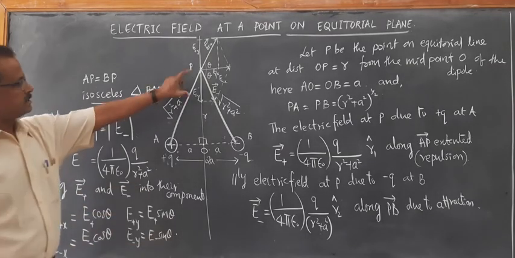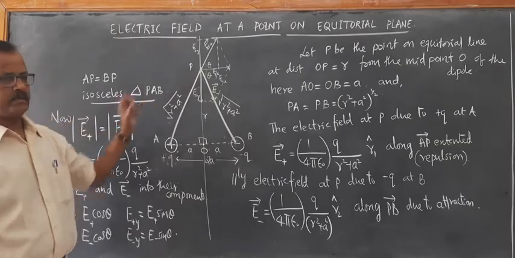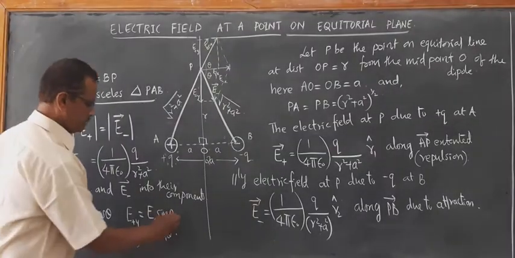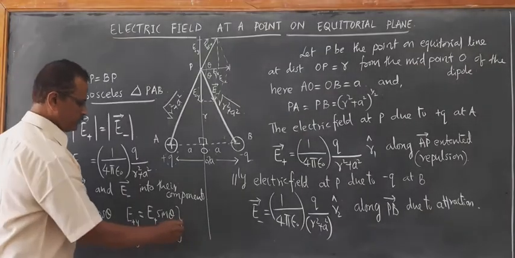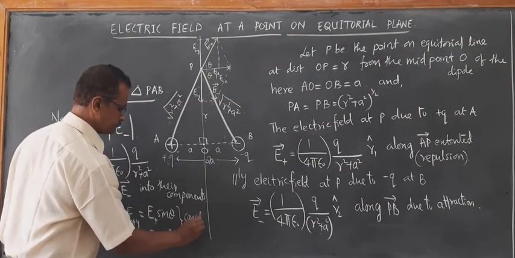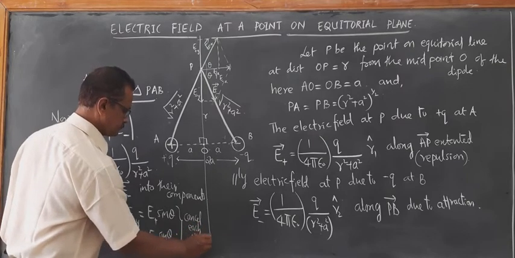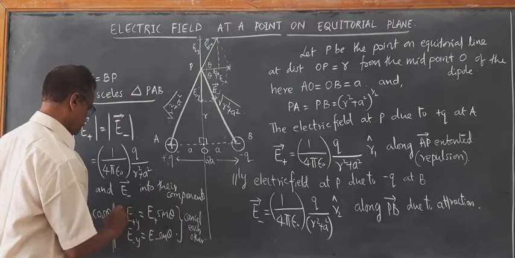Look at this, E plus y component and E minus y component, since they are exactly in the opposite direction, these two components cancel each other. Whereas these two components add each other.